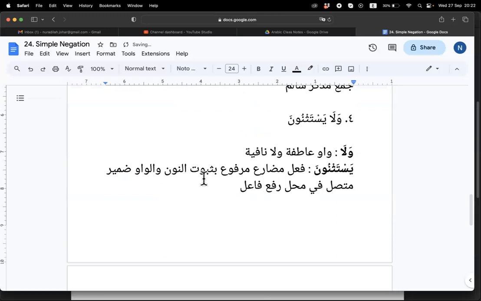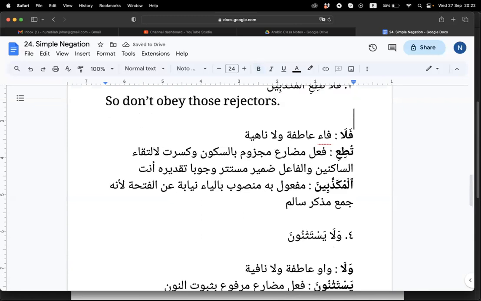Clear? If it is like anta, here domir mustatir, then of course there's no letter for that domir. So we just say the fa'il is domir mustatir, and at the end we say taqdiruhu. Who are we implying when we say it's a hidden domir? Anta or hiya or nahnu or ana whatsoever.